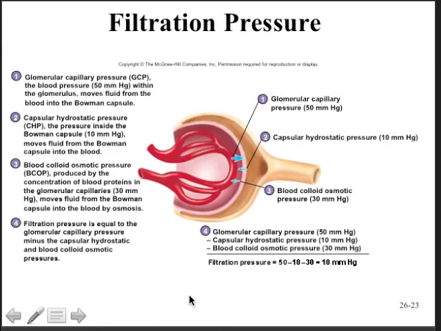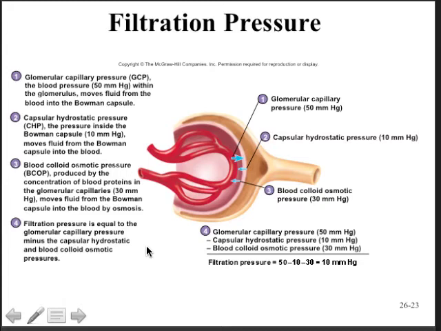You can appreciate that in this diagram here, showing you essentially how we drive solutes into Bowman's. So the glomerular capillary pressure, the capsular hydrostatic, and the blood colloid osmotic, as well as the filtration pressure, all end up producing a net force of 10 millimeters of mercury into Bowman's.